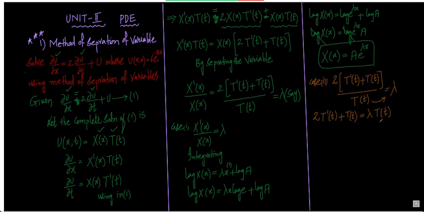Then taking this value inside becomes minus, and we can take t common also here. 2 into t dash of t equals, and if you take t common, I can write it like that, 1 minus lambda into t. Can we write like this? By taking t common.